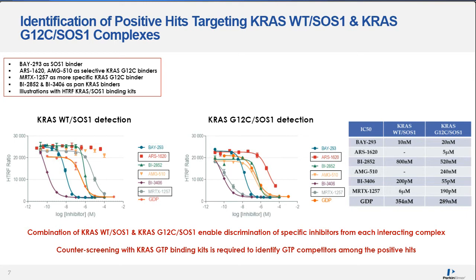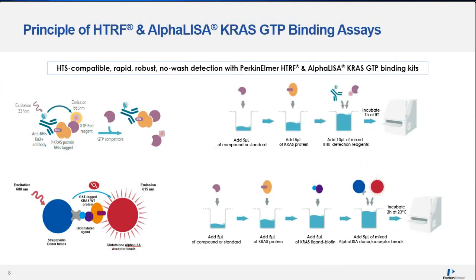In order to identify the GTP competitors among the positive hits, additional investigations can be performed with the PerkinElmer HTRF and AlphaLISA KRAS G12C and wild-type GTP binding kits. PerkinElmer facilitates the screening of KRAS GTP competitors by again providing commercially available, no-wash and ready-to-use homogeneous KRAS binding kits for KRAS G12C and wild-type analysis.